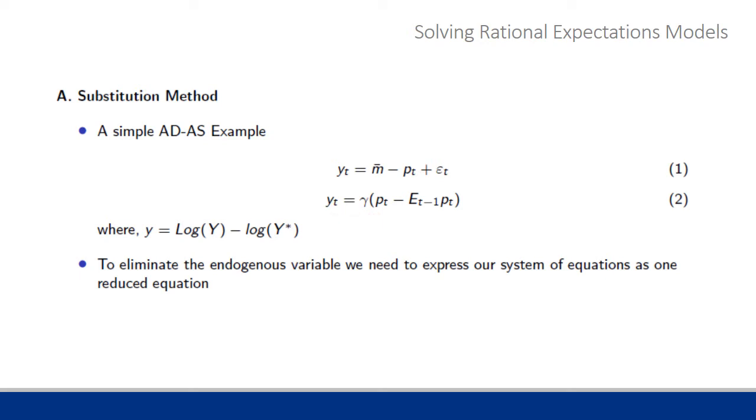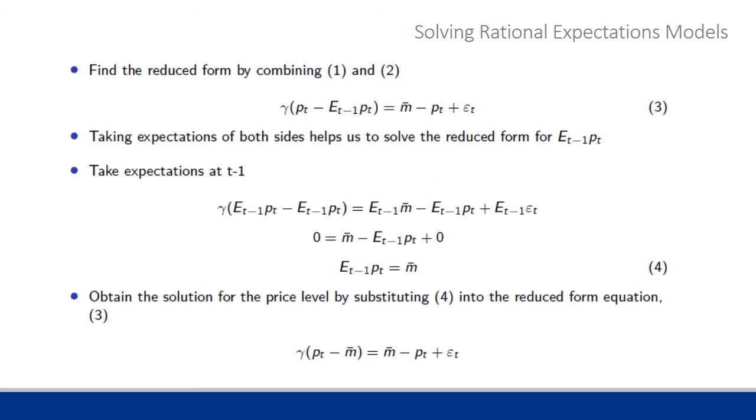And to solve these models, we can take the two right-hand sides and equate them to one another, remembering that the two right-hand sides are both equal to yt here. So we equate the two right-hand sides, and we have equation 3, something we call the reduced form.